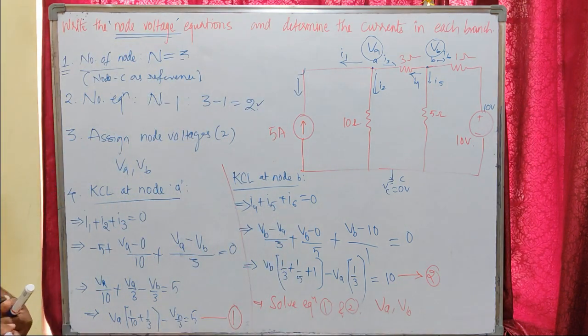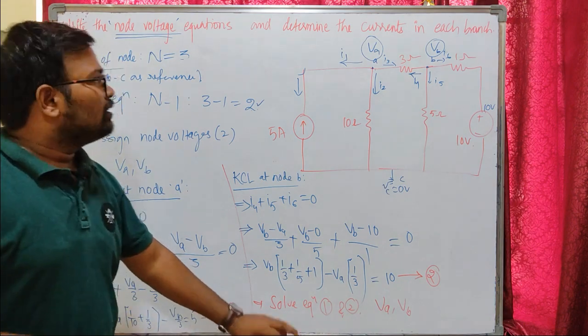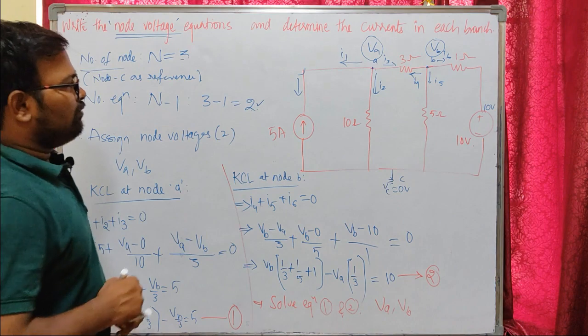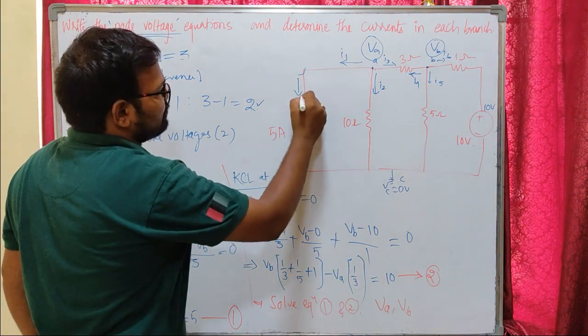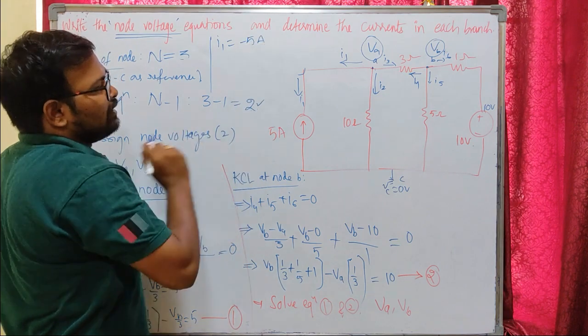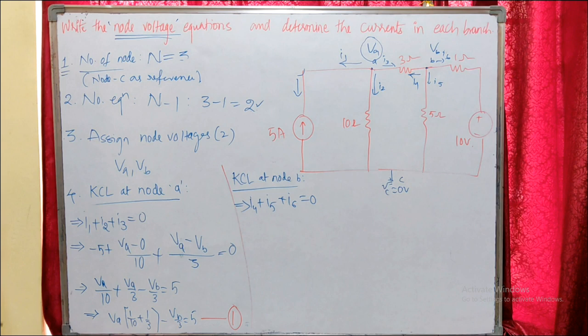We have written the node voltage equations, that is equation 1 and equation 2, and then we have to find the currents in each branch. What is the current in the first branch? This current I1 is minus 5 ampere. I2 is nothing but VA minus 0 by 10, that is VA by 10.